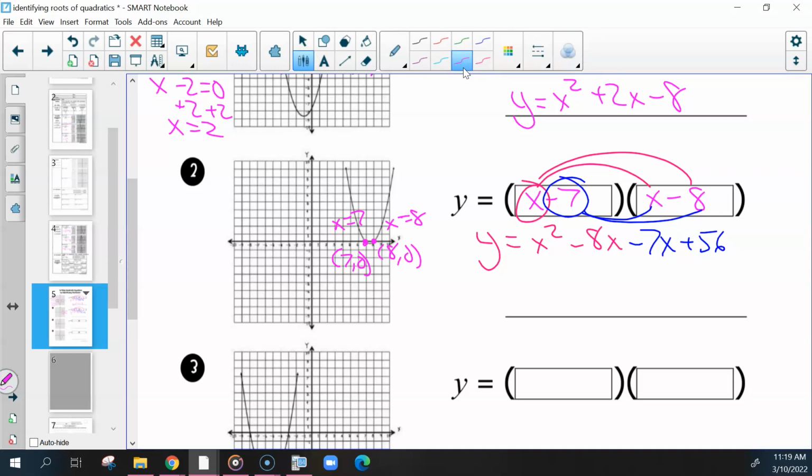Alright, let's finish this problem. So the last thing we need to do here is just combine the terms. So y equals x squared minus 15x plus 56.